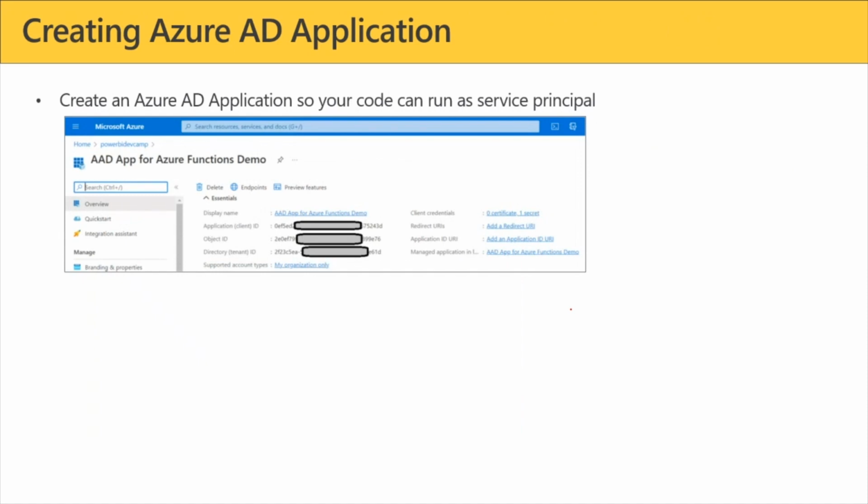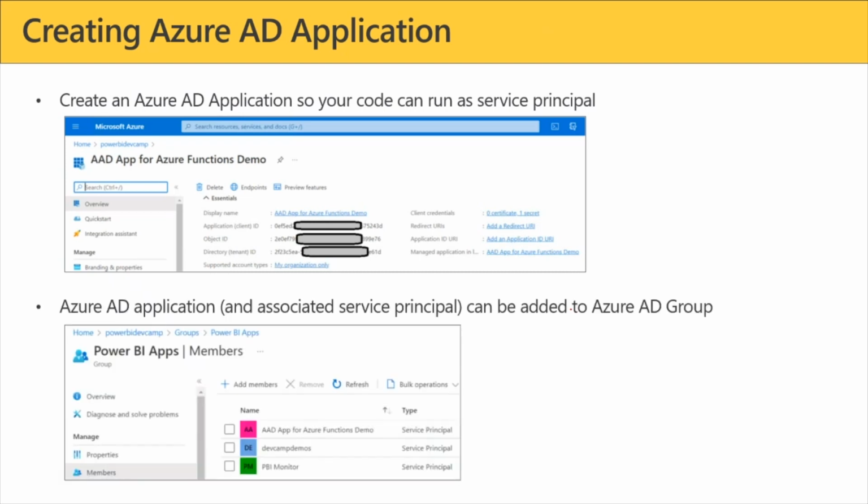But if you've worked with the Power BI REST API, you've probably gone into Azure AD and created an application. Note that when you do that, there's an application ID. There is a tenant ID. You need to create a client secret. The other thing is that once you create the Azure AD application, that creates a service principal in your local tenant.